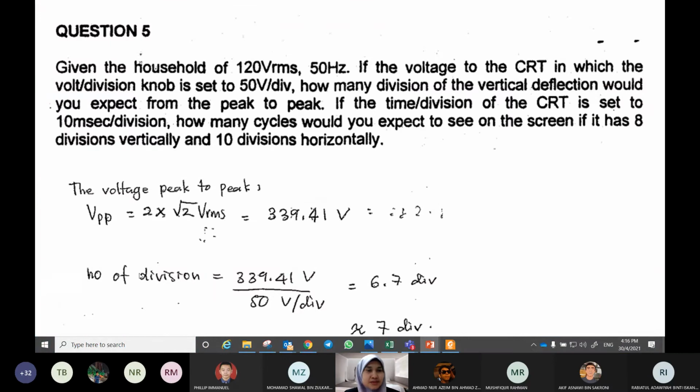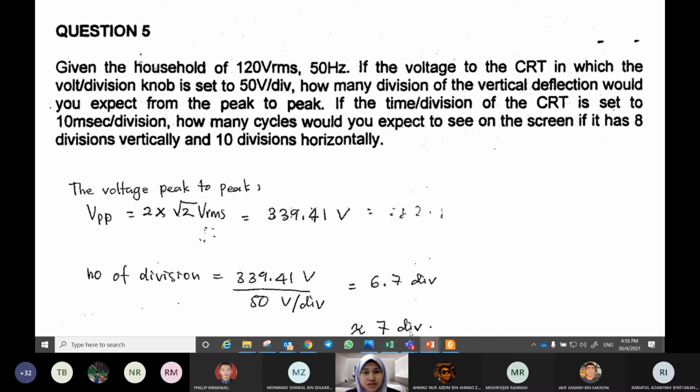Did you forget? V peak value is equal to root 2 times V RMS. This is the formula. So if you want to find the V peak to peak, just multiply with 2.